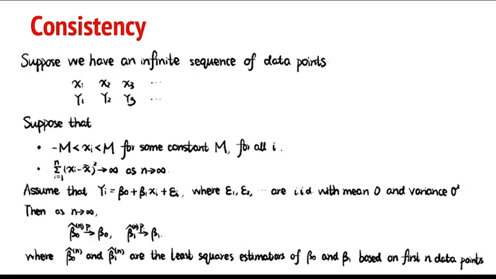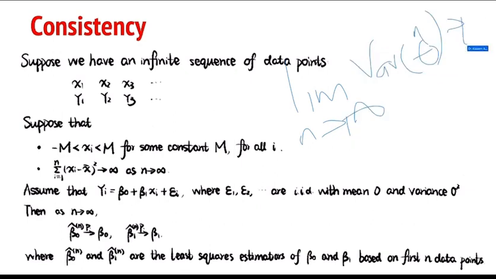An estimator is said to be consistent if, as n tends to infinity, the variance of the estimator approaches zero. So we're going to investigate in the next lecture whether beta 0 cap and beta 1 cap are consistent or not. The only way to do that is to find the limit as n tends to infinity of their variances. This is where I'm going to stop today.